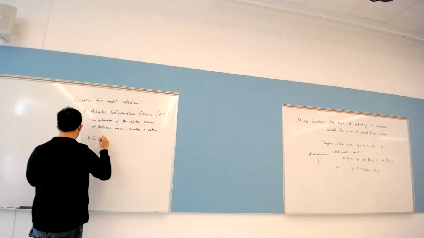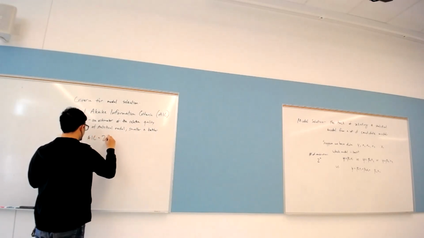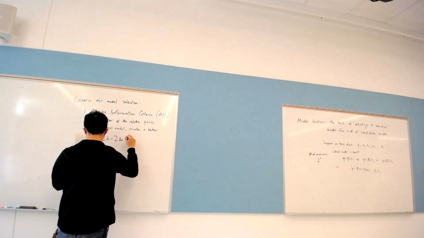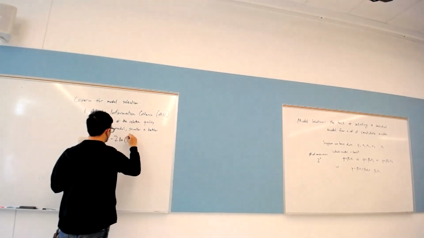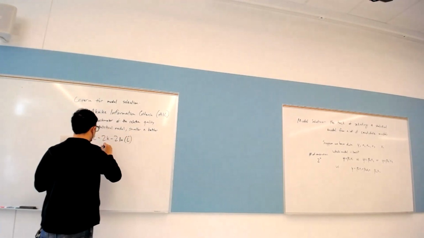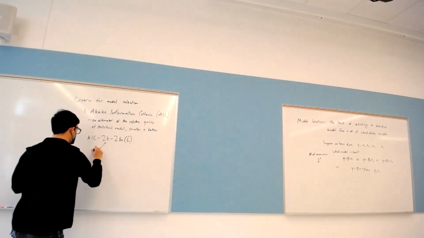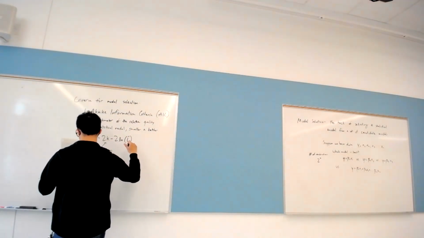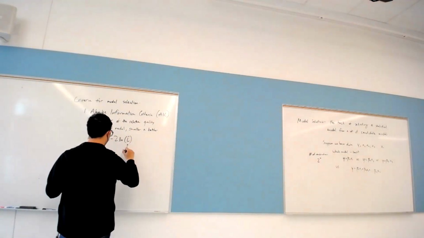So the AIC looks something like this: 2k minus 2 ln, where k is the number of parameters and the other term is known as the maximum likelihood value.